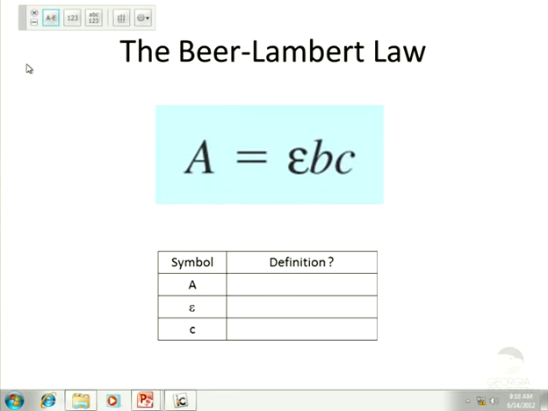Molar absorptivity. I think it's a nice way that you can understand what molar absorptivity is. So Beer's law is always true. So what if we set the concentration of whatever analyte we're working with to 1 mole per liter, and we set B equal to 1 centimeter?